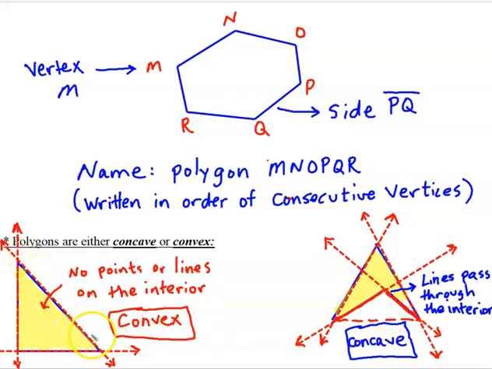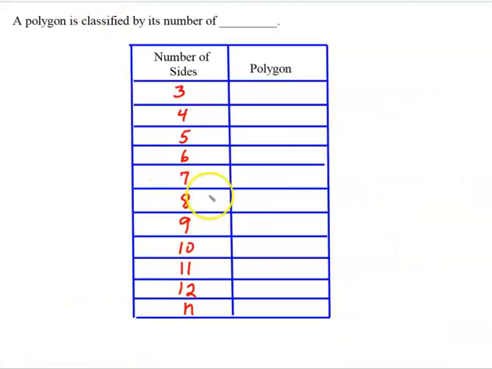Versus here, all of our lines intersect on the exterior. No points or lines are found on the interior of the shape. So we're going to be classifying in just a minute polygons that are either convex or concave. All right, when we classify a polygon, we do it by the number of sides.